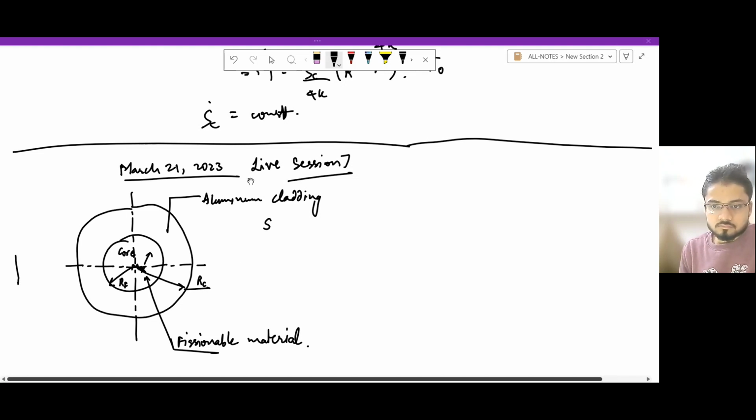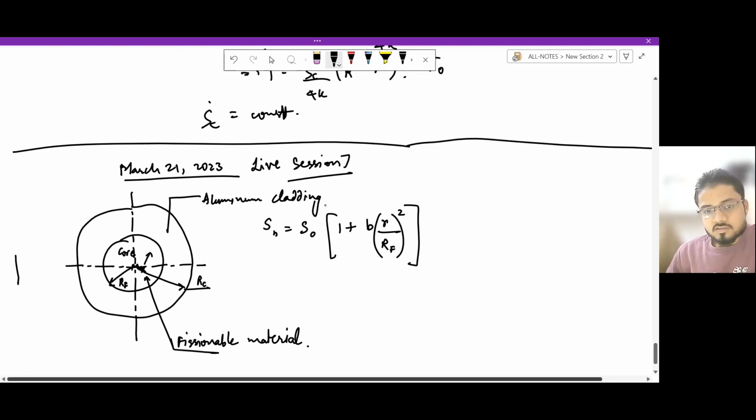So the source can then be approximated as S naught, that is the value of the volumetric heat generation at the center, plus B, where B is a certain constant, divided by R by RF, times the square of everything. So you see, as R increases, the energy source decreases.